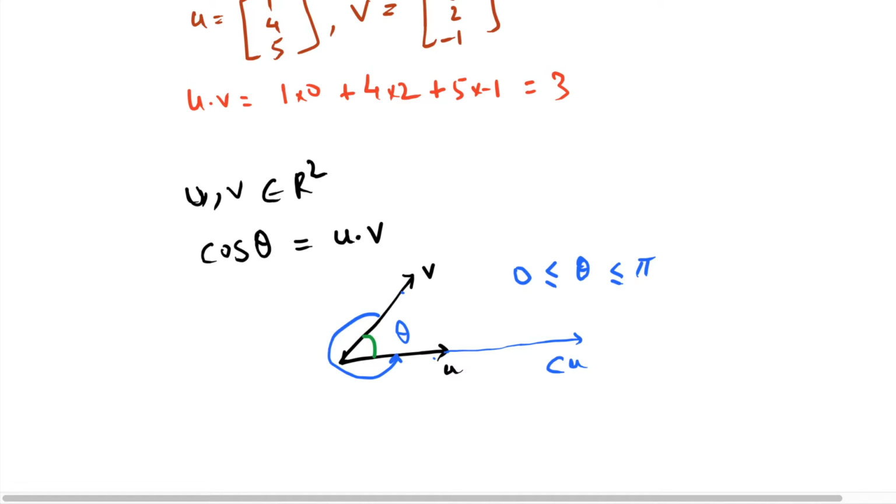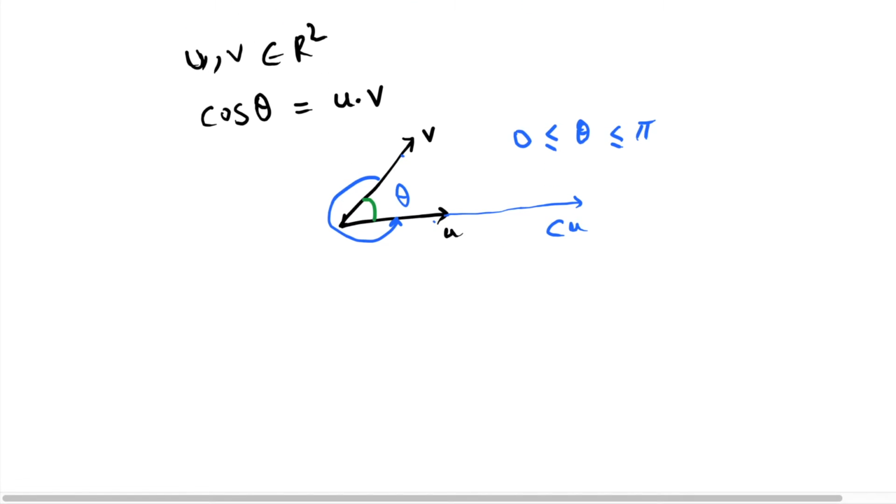So you can convert vectors u and v into unit vectors by multiplying them with a scalar which is the inverse of their length. So this scalar times vector u and this scalar, which is the inverse of the length of vector v, times vector v, will convert these two vectors into unit vectors. And now let's say theta is the angle between u and v.